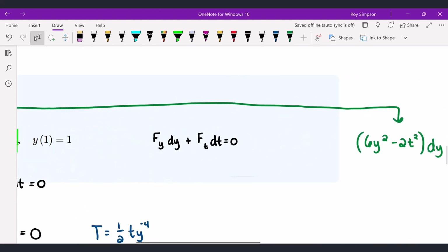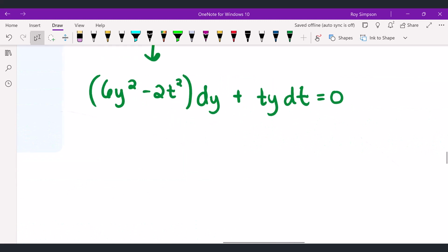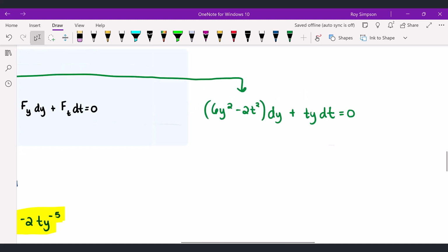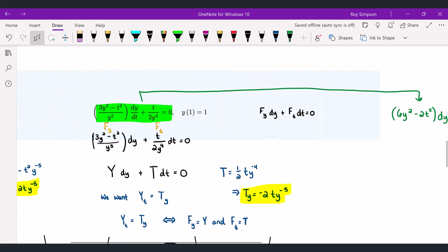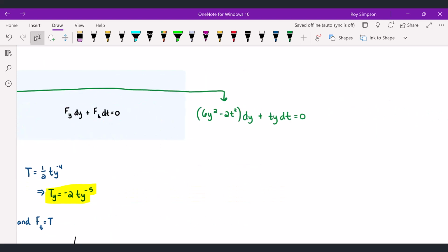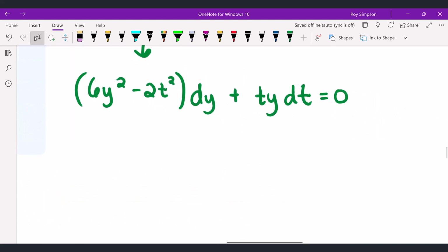So that's a concern. But another issue that creeps up here is that this might not be exact anymore. And this is the neat thing about exact equations: sometimes when written one way, they're exact. However, when you manipulate them, they might not be. So let's see if this is exact.